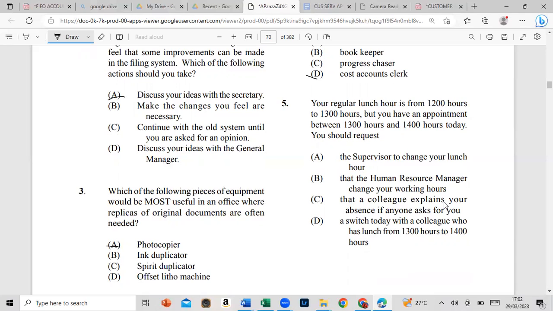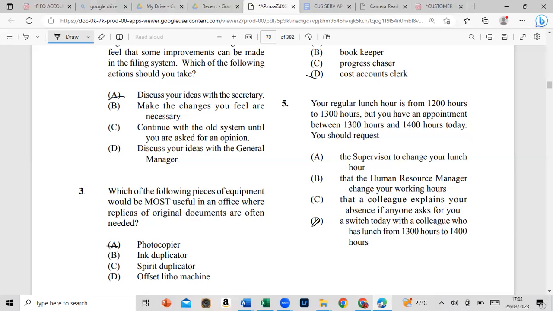B. That the human resource manager change your working hours. C. That a colleague explain your absence if anyone asks for you. Or D. A switch today with a colleague who has lunch from 1300 hours to 1400 hours. What would be the best one?